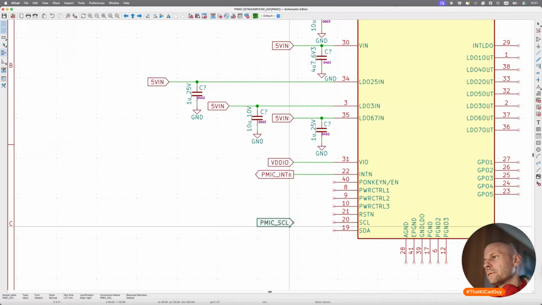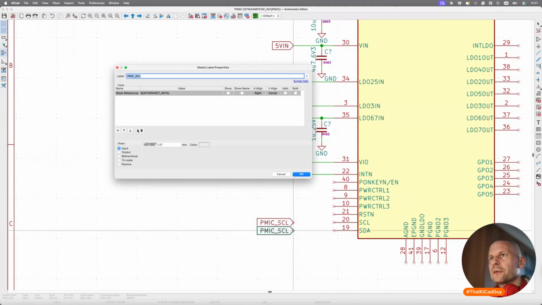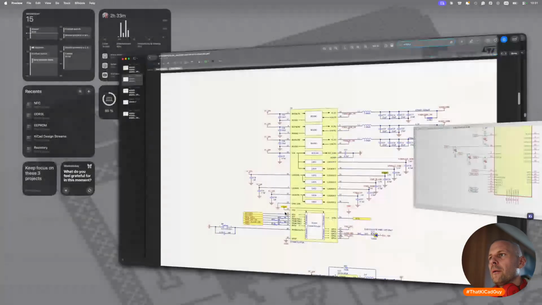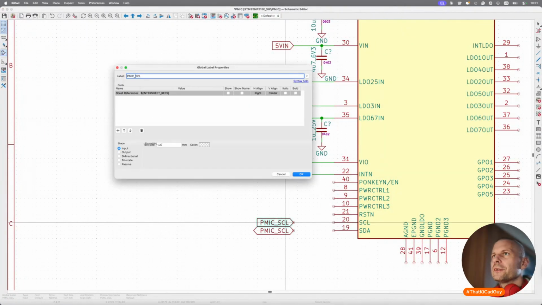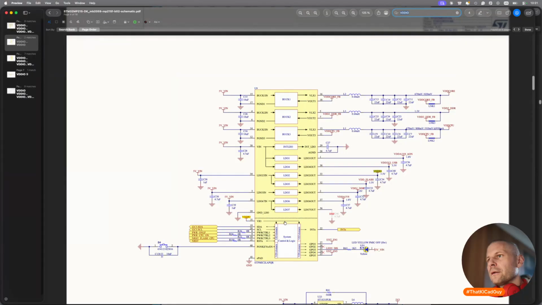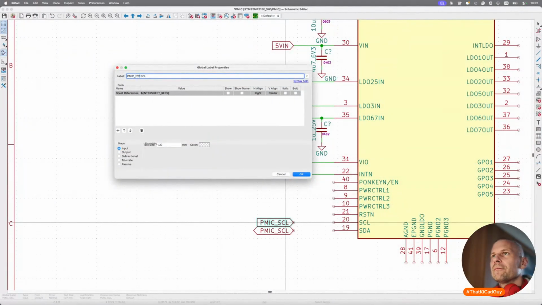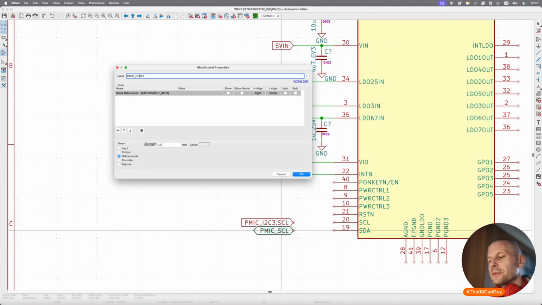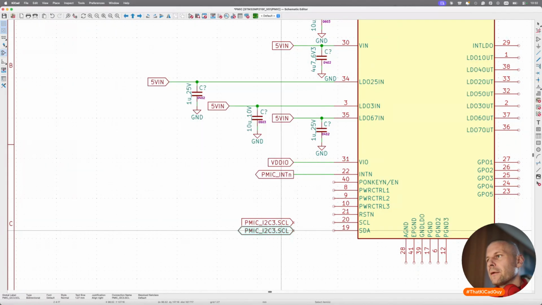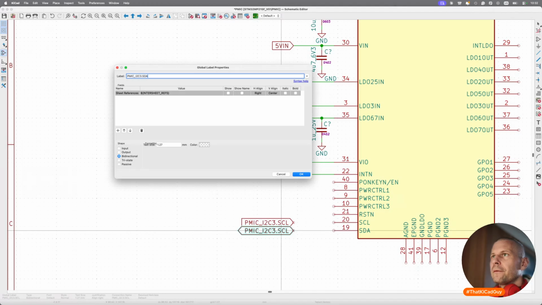SDA is bidirectional, but I will keep this one I2C 3. Yeah, we will see. I don't know if I will use the same I2C 3. Okay, I2C 3, and this is the same I2C 3, but SDA. Yes.